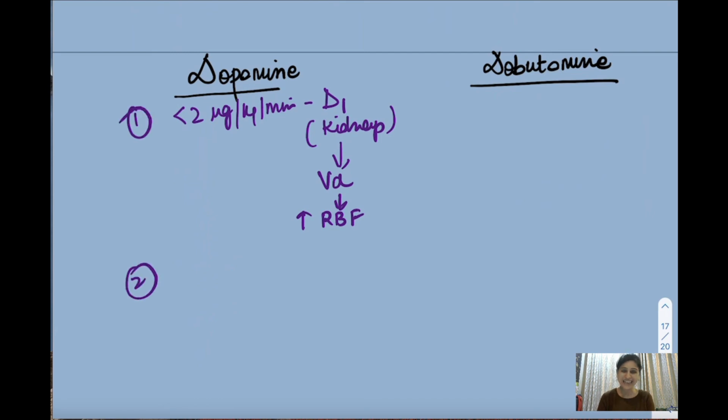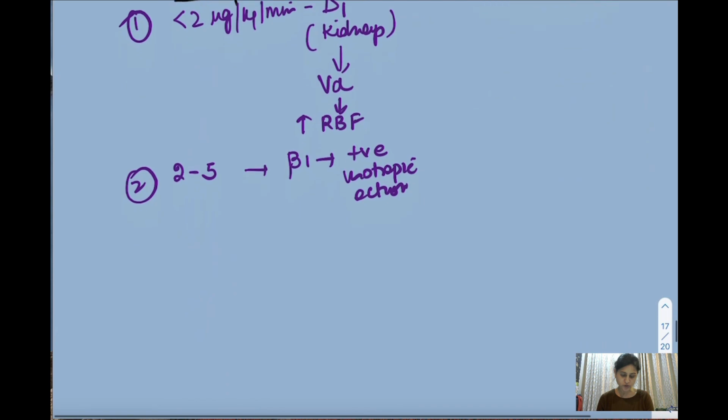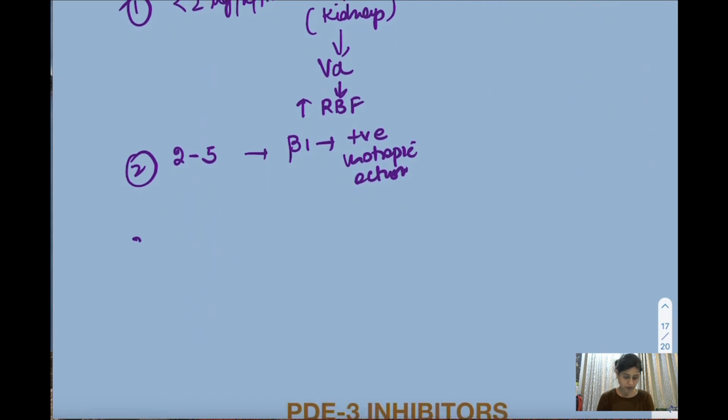If you slightly increase the dose to 2 to 5 micrograms per kg per minute, it is now going to act on the beta 1 receptors, and we have done that it causes a positive inotropic action. So along with the D1 action also comes this one. But if you go slightly higher than this dose, then the not so good action of alpha 1 stimulation occurs, which leads to vasoconstriction.